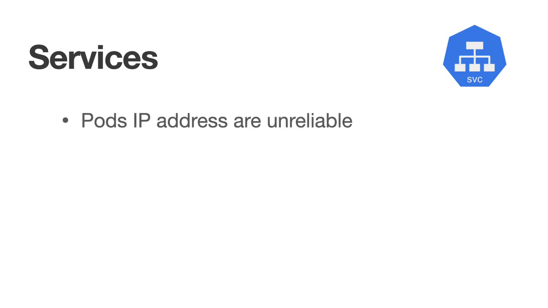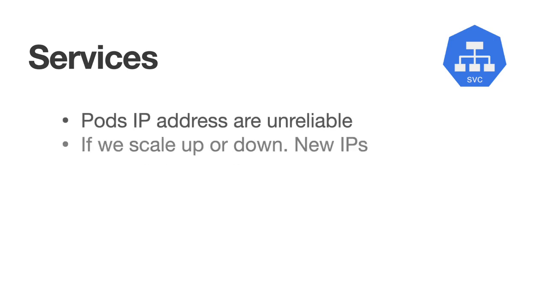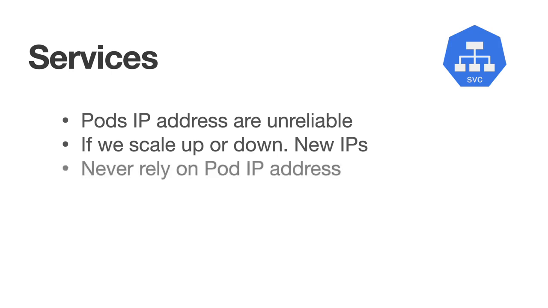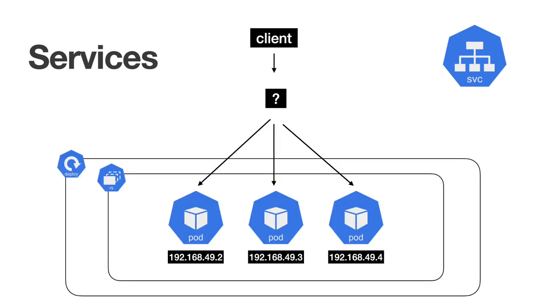Again, the reason why we cannot use the IP address of the pod itself is that it's unreliable. If we scale up or down, we have new IP addresses. So never rely on pod IP addresses. Instead, in our case, where the client wants to communicate with our application, we use a Kubernetes service.